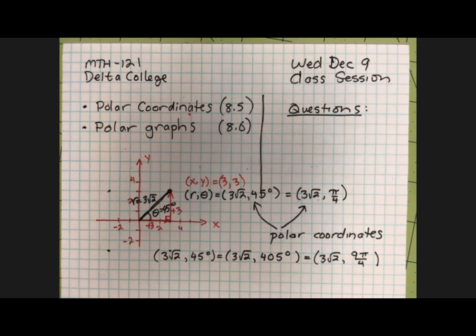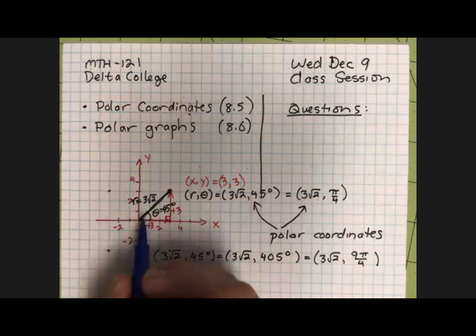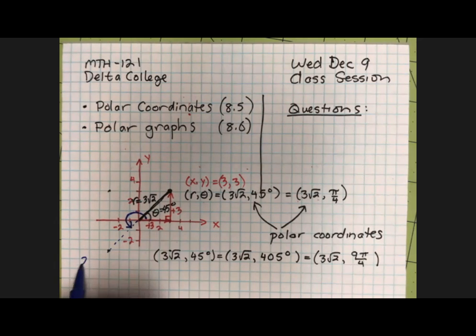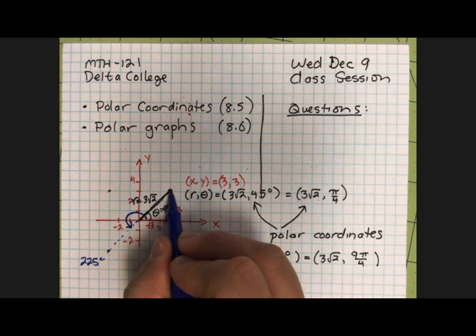Now, even worse, or even more offensive, it seems to people, is I could remove the restriction that the radius was always positive. In other words, what if I told you to turn 225 degrees and then walk backwards 3√2 steps?